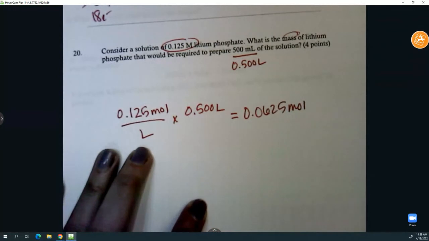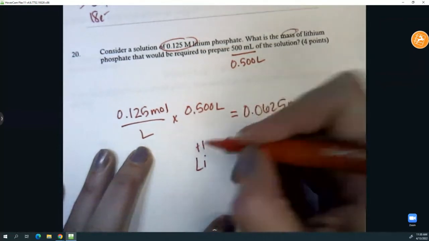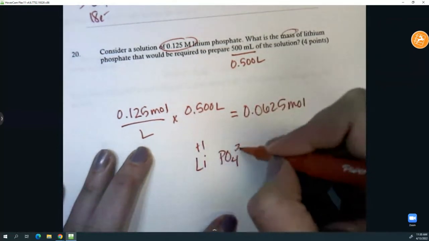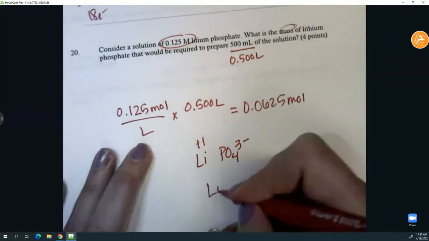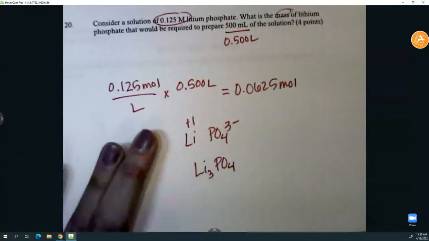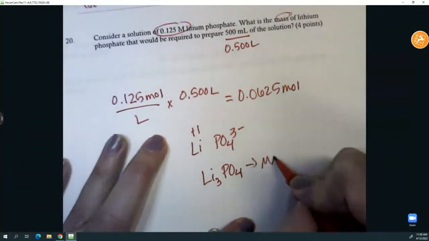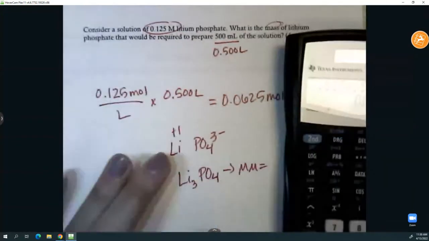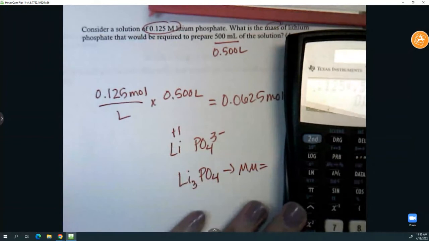To get to mass, I need the molar mass. To get the molar mass, I need to know what lithium phosphate is. So lithium is a +1, and then phosphate is PO4 3 minus. So that means my lithium phosphate, to be neutral, must be 3 lithiums, 1 phosphate. So then the molar mass is lithium. I'm pulling up my periodic table.